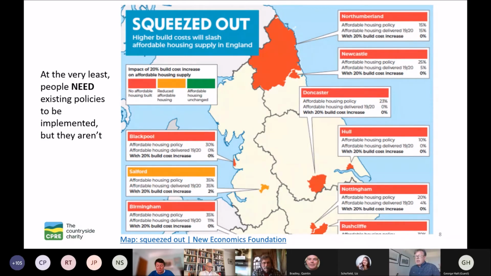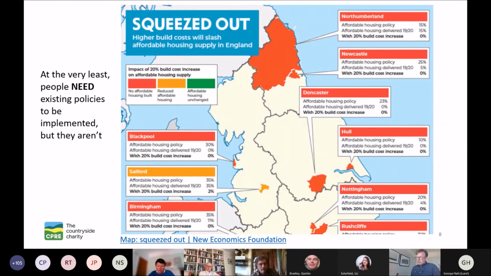But I think this map actually shows a different and even worse story. Look at how many authorities were already delivering a tiny fraction of their policy levels for affordable homes before these multiple crises hit.